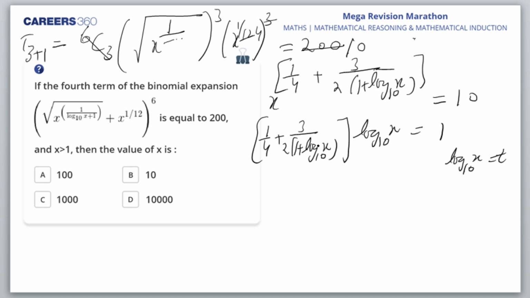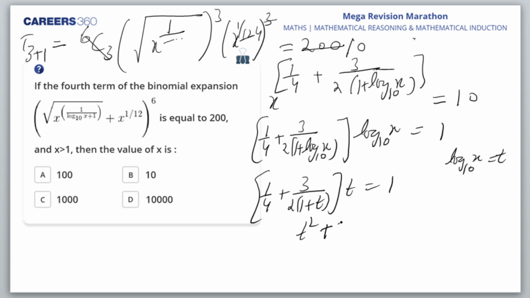Then you solve it. You get 1 by 4 plus 3 by 2, 1 plus t, into t is equal to 1. So when I solve it, I get the quadratic as t square plus 3t minus 4 is equal to 0. This is the quadratic I am going to get.